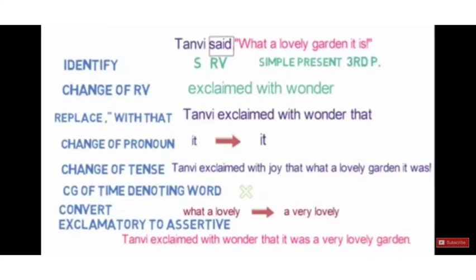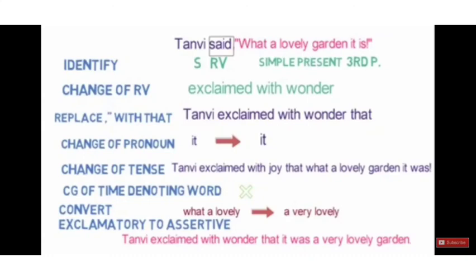Next we see the whole sentence in exclamatory form, category 2. See this example. Tanvi said, "What a lovely garden it is." Now, we use the 7-step formula. Step 1 is to identify. Here, Tanvi is the subject.